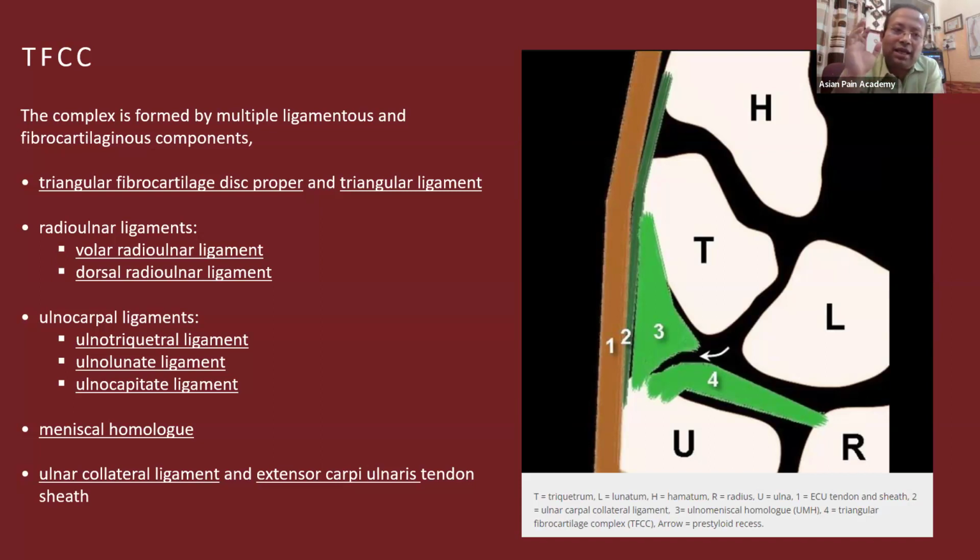But when the TFCC is injured, it is not only that fibrocartilage that is injured. It is considered a complex, so it can have injury to the other parts also. What are the things in the complex? There are some ligaments, and there is some meniscus homologue. So multiple things are there in the TFCC.